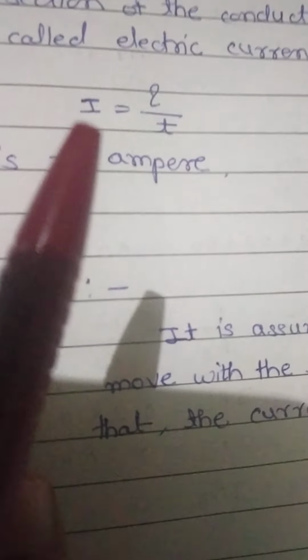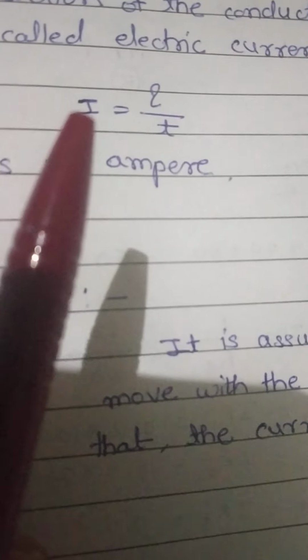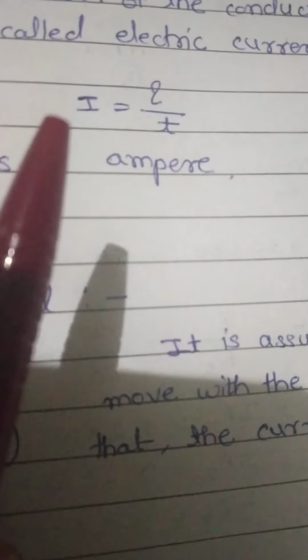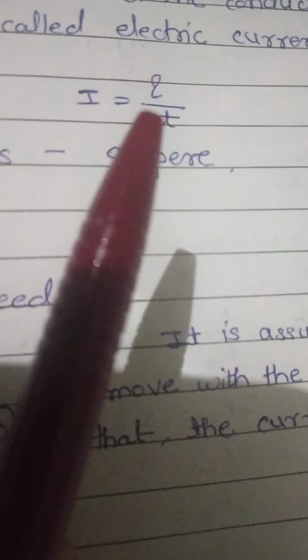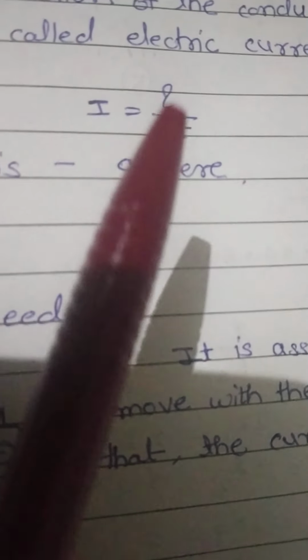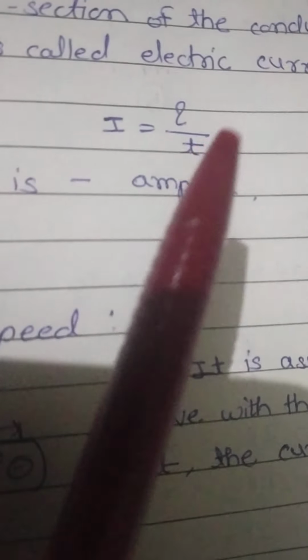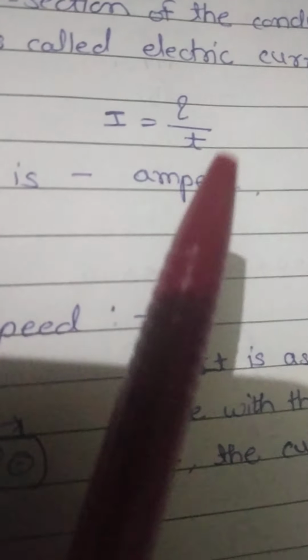Hence, 1 ampere is that current which is produced in the circuit when 1 coulomb of charge flows for 1 second through any cross section of the conductor.